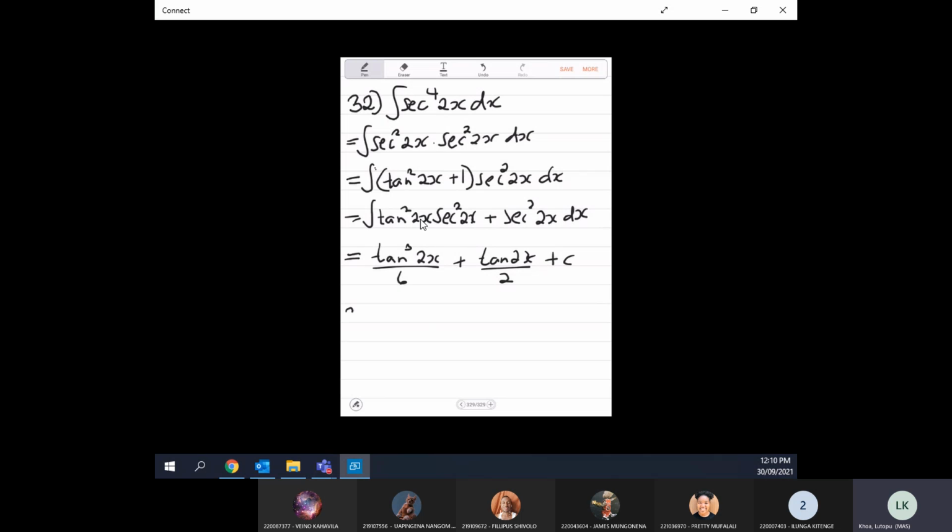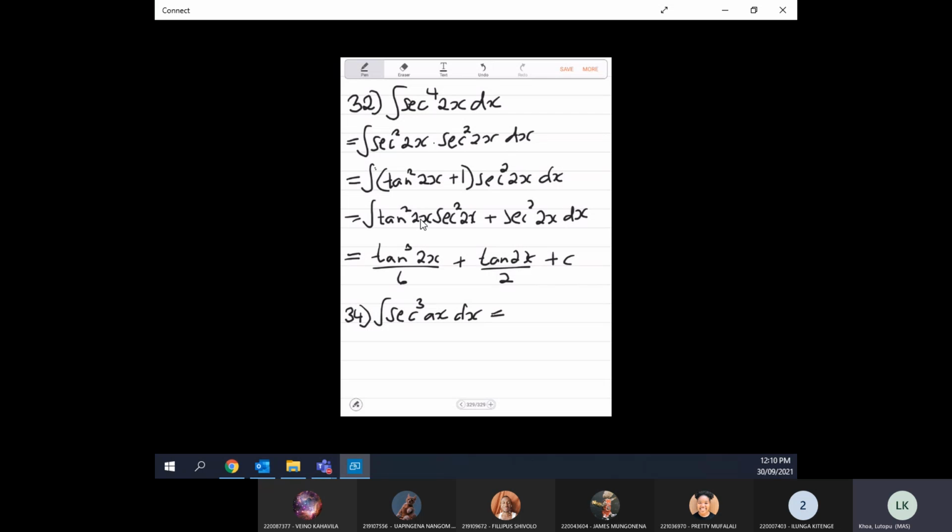Number 34, the integral of sec cubed of ax dx. So here we have an odd power, so we will have to use integration by parts.